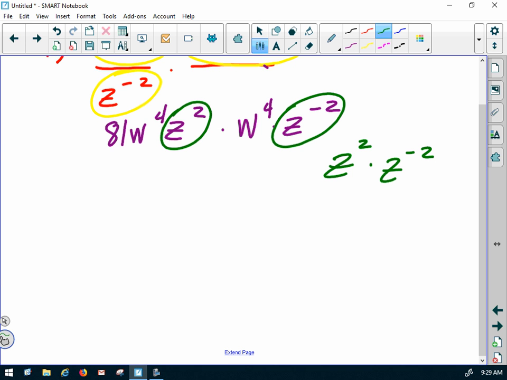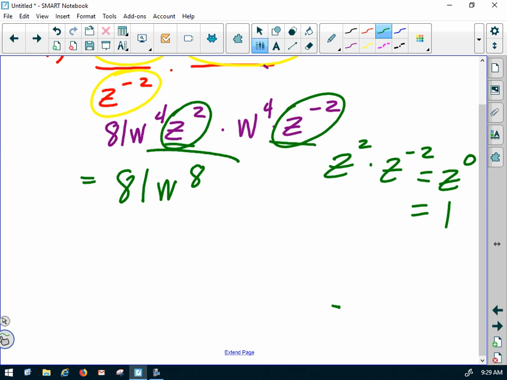What's 2 plus negative 2? 0, which is just 1. So this times this is just 1. So this answer is 81 W to the 8th times 1. 81 W to the 8th. You know the rules. Just go one at a time, okay?